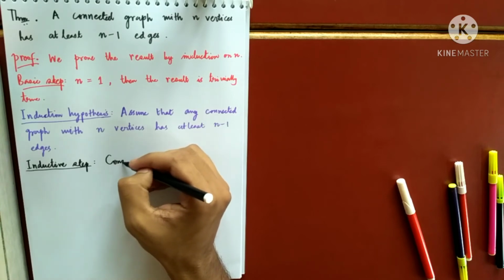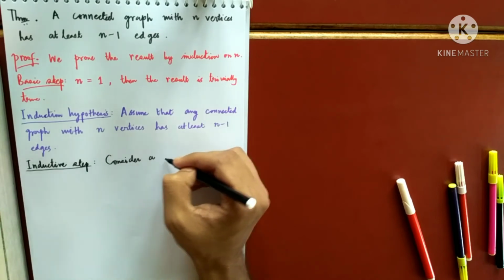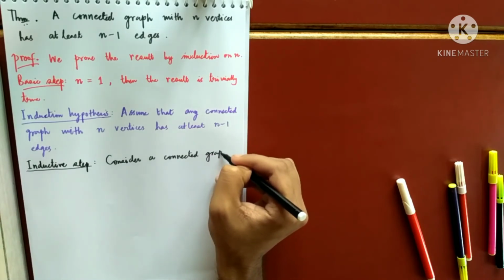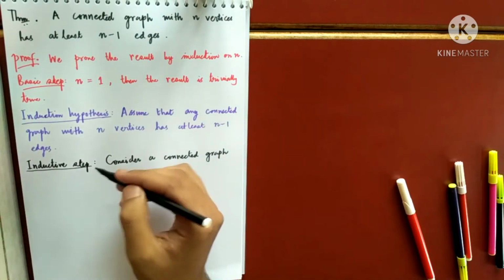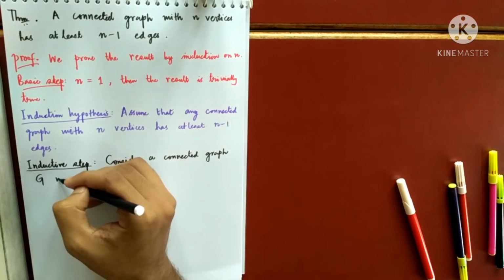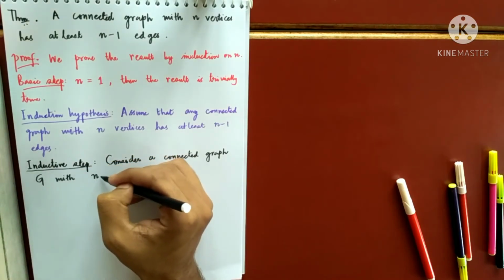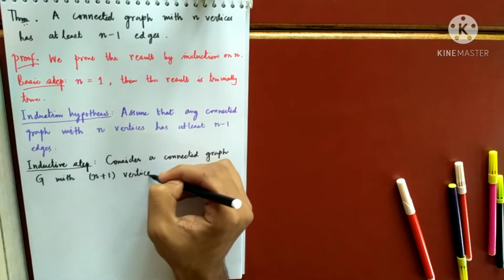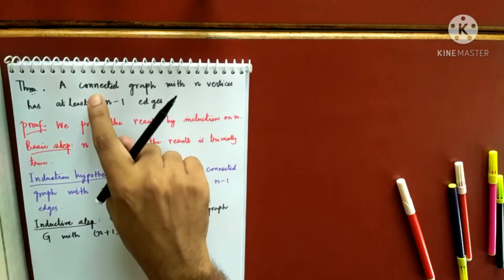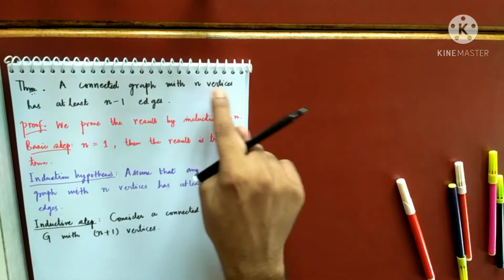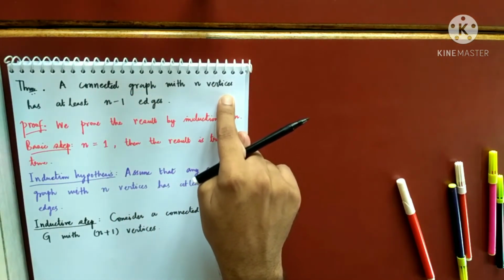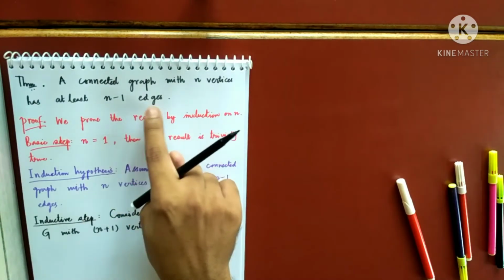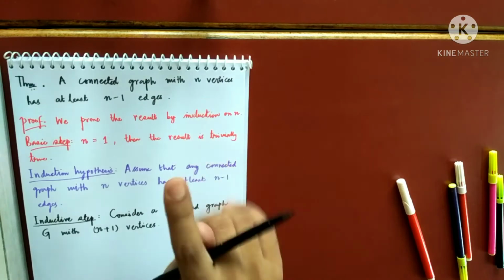Consider a connected graph, which I will name G only, with n plus 1 vertices. I have to prove that G has at least n edges, because n plus 1 minus 1 is n. That is my aim.